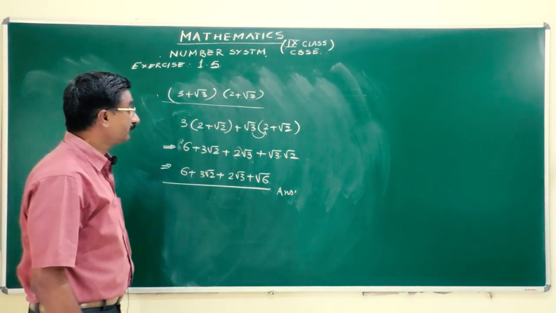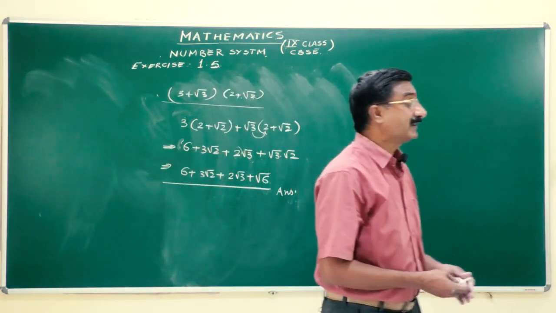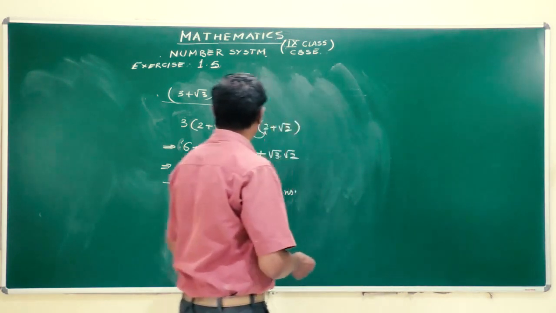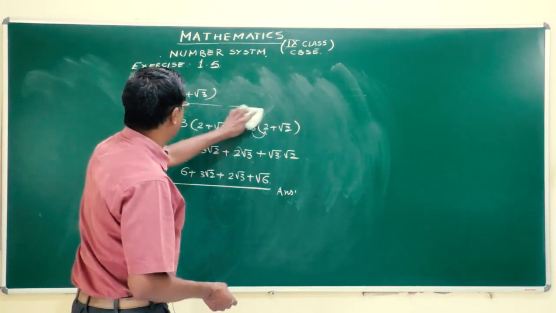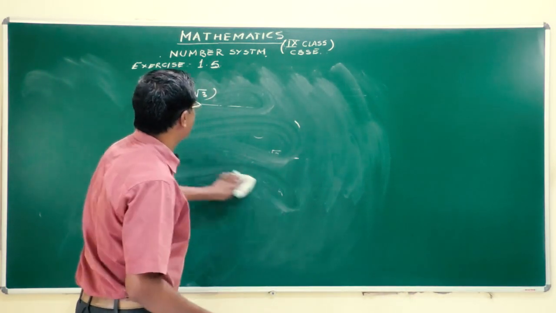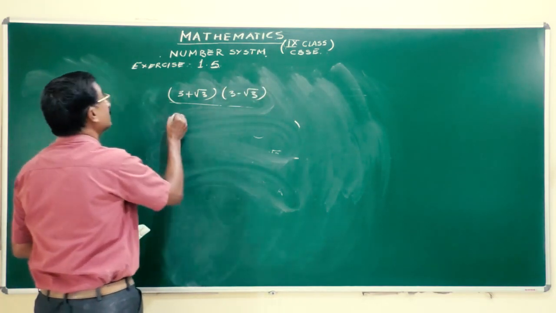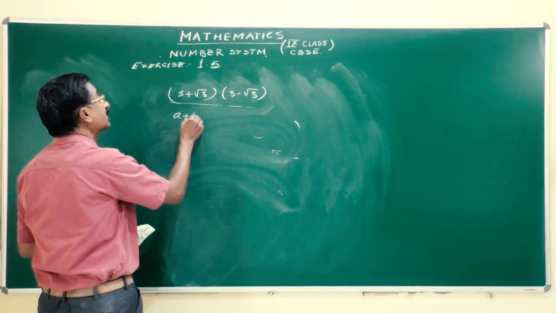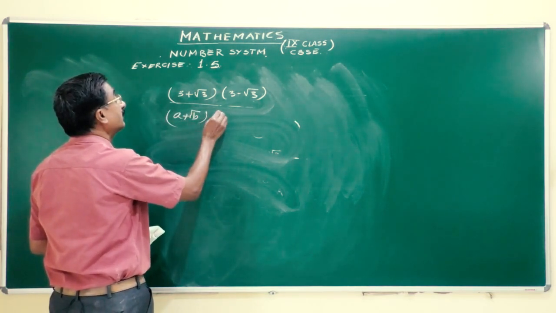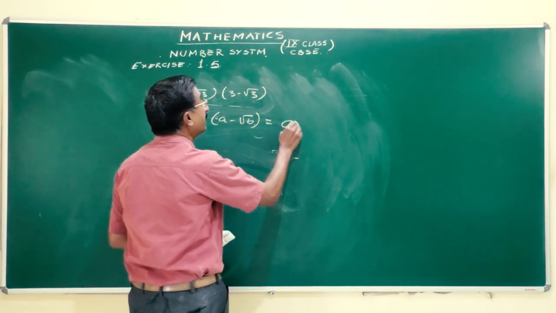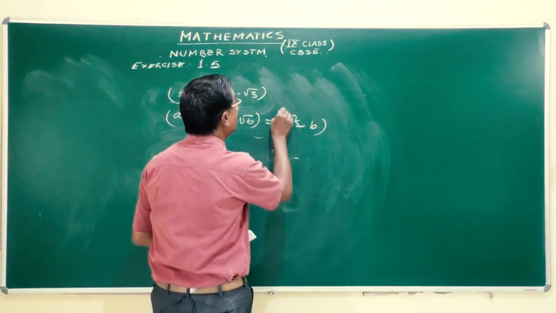Clear? So now next one, that is 3 plus root 3 into 3 minus root 3. So the identity is a plus under root b into a minus under root b is equal to a square minus b.